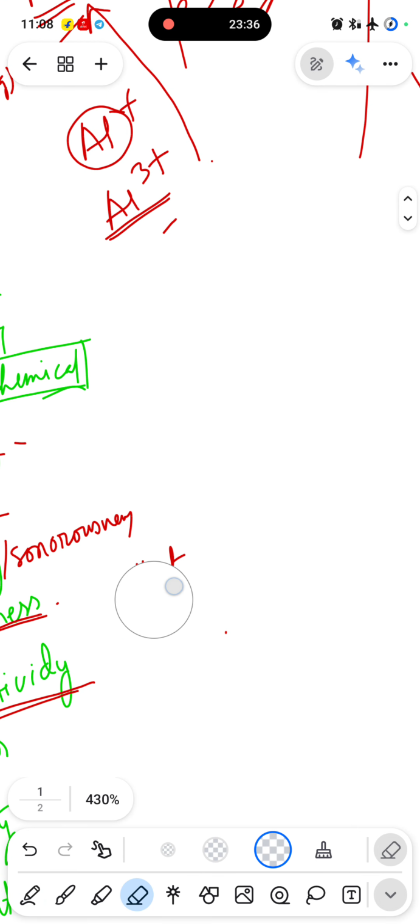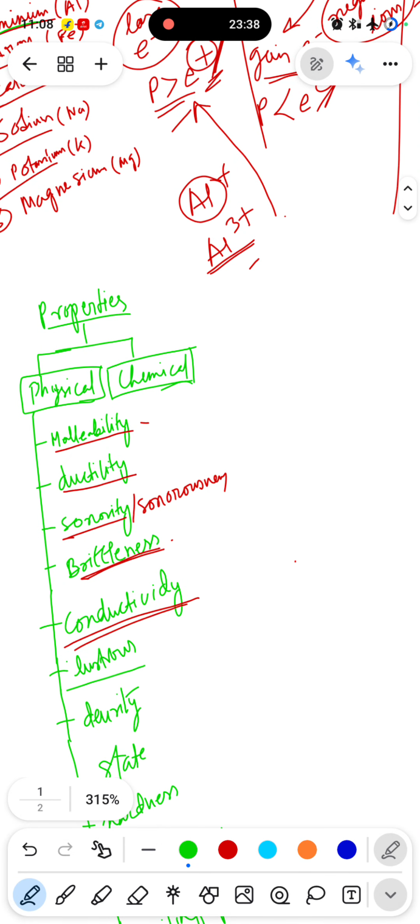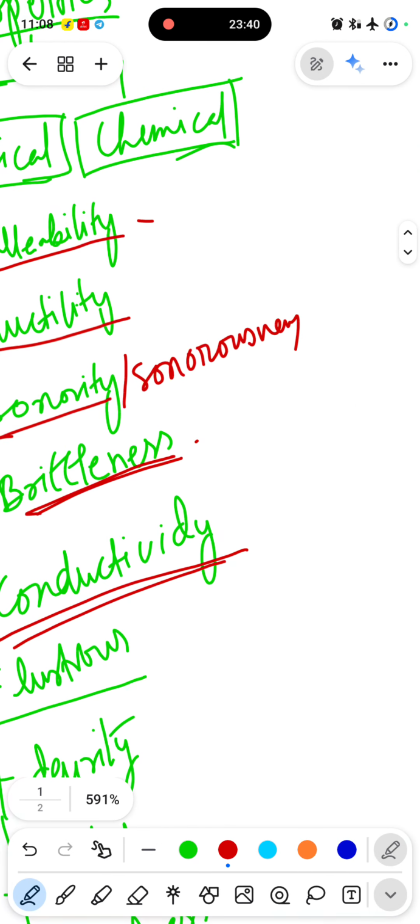Now, after this, we have lustrous. Lustrous is the property of a metal to shine, to reflect. So, metals are generally lustrous. Non-metals are not.